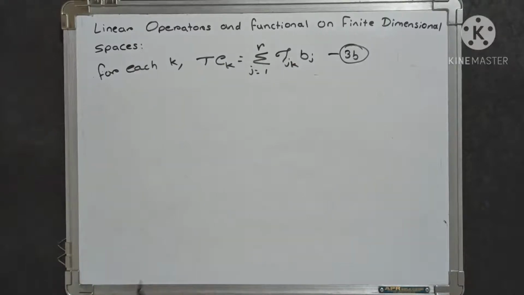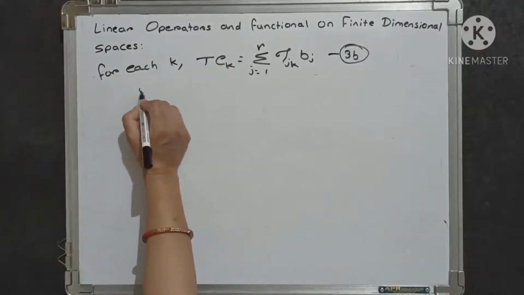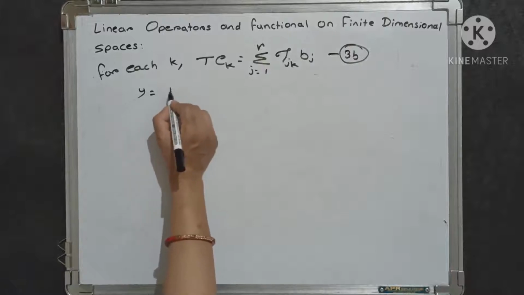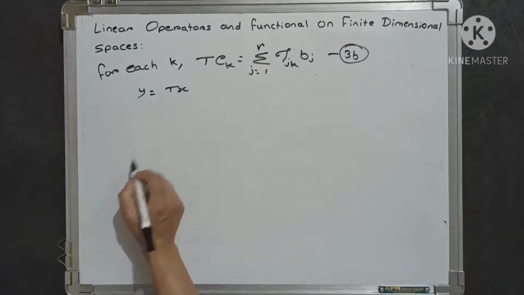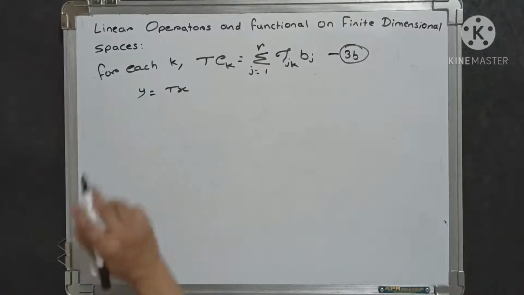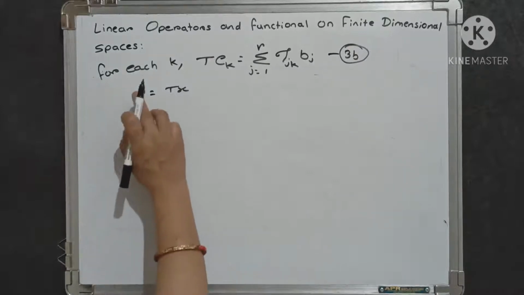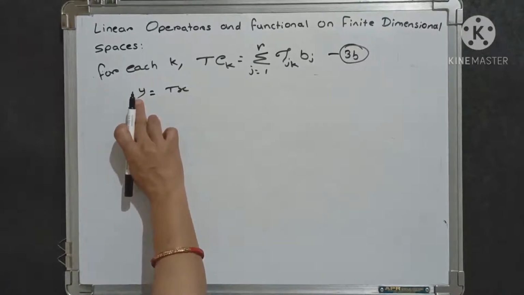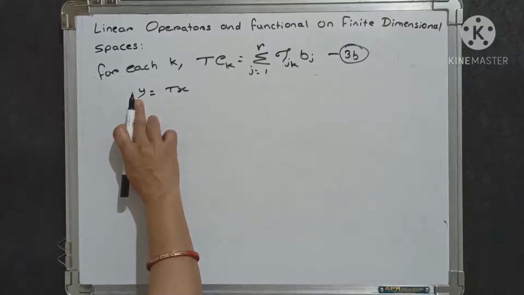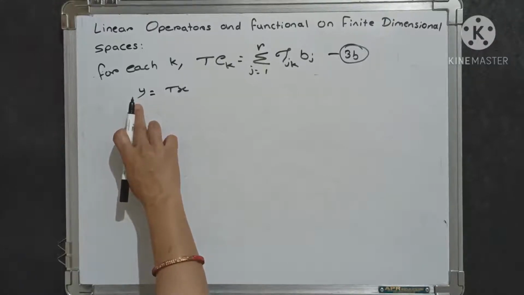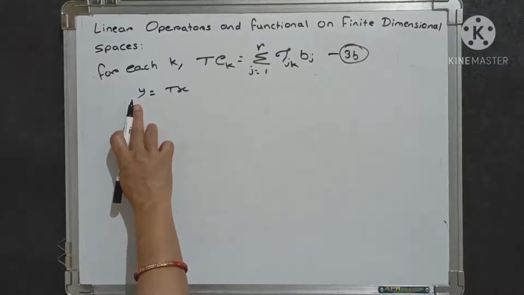Now observe here, y is nothing but the image of x, and here we calculate the value of y in terms of the basis b, that is the set containing the vectors b1, b2 up to b_r.